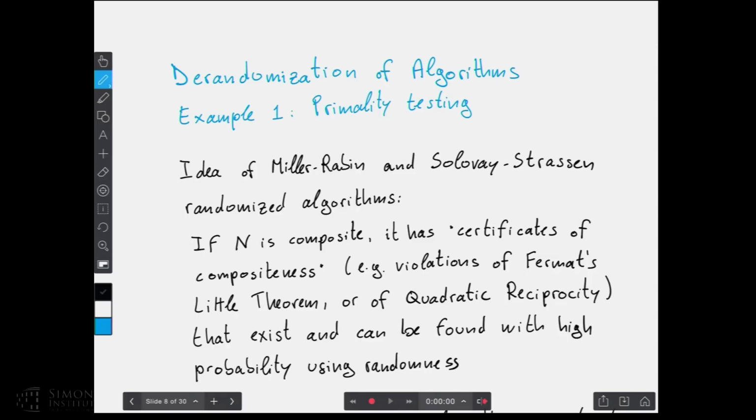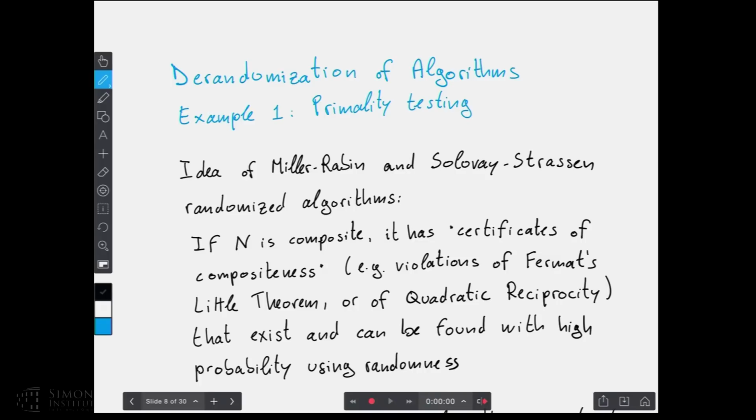But there are other, much easier to find certificates, such as equations that cannot possibly be true if the number is prime, because they would violate Fermat's little theorem or quadratic reciprocity. And then what was proved in the 70s was that, in fact, for every composite, you can find, with high probability, a certificate that it's composite in time polynomial in the number of digits of the number.